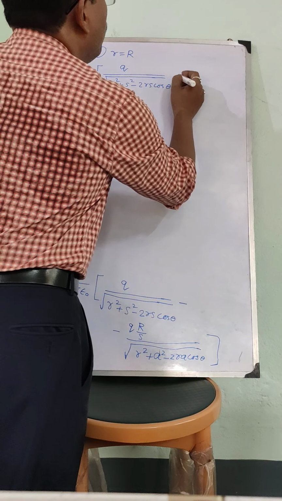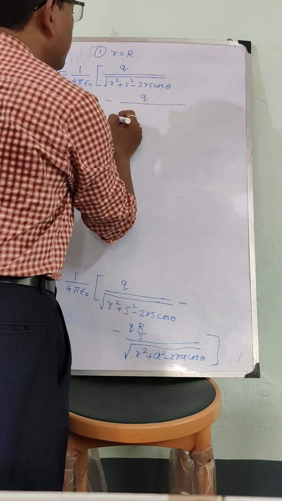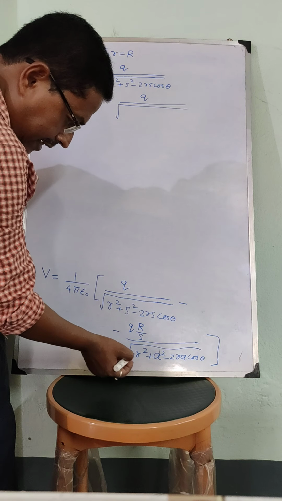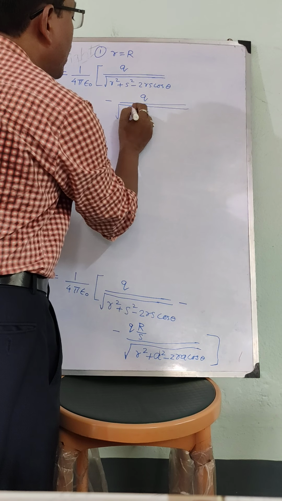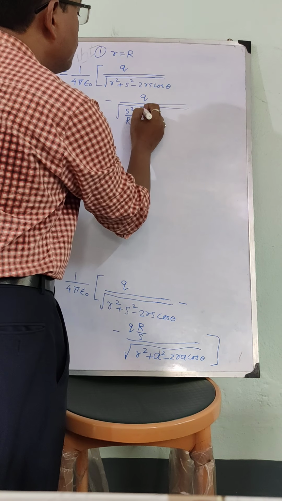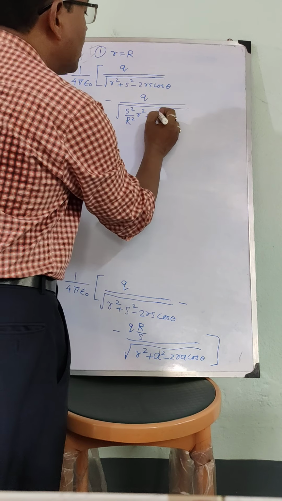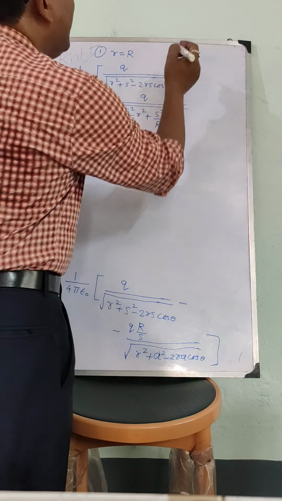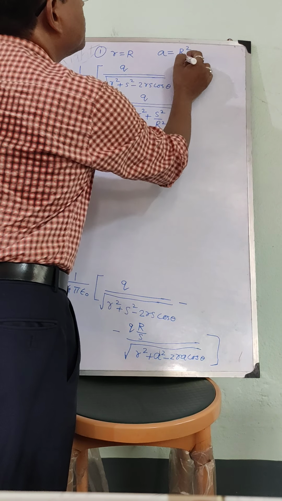So it will be minus q divided by root over, s square by r square, then I have small r square, then plus s square by r square. Now what is A? A is r square by s.